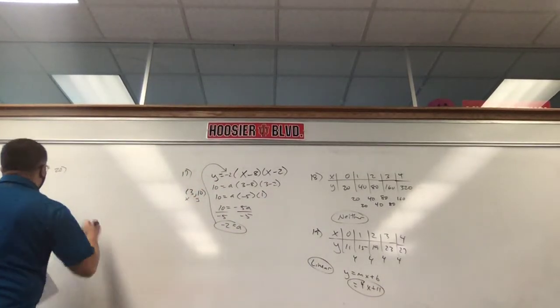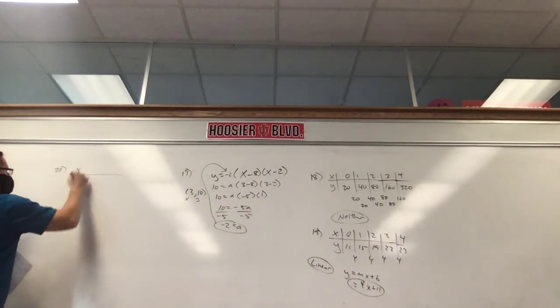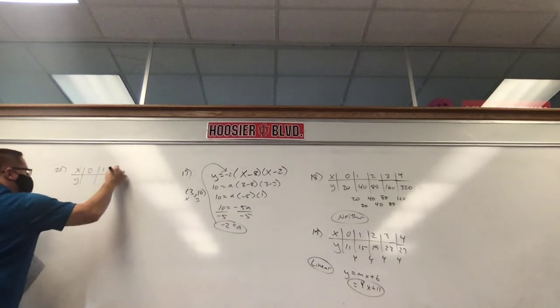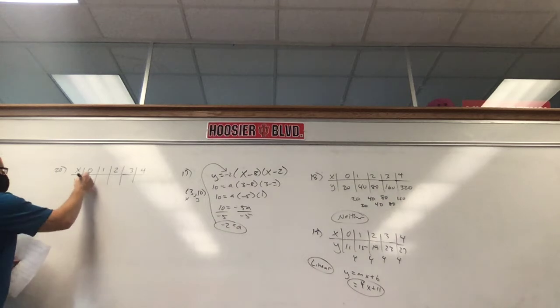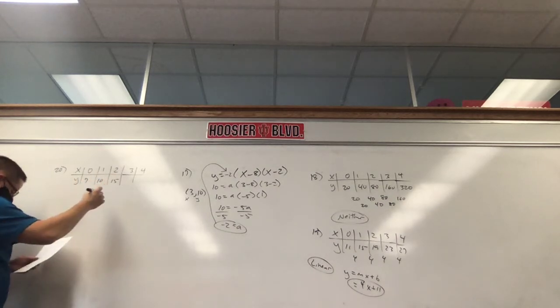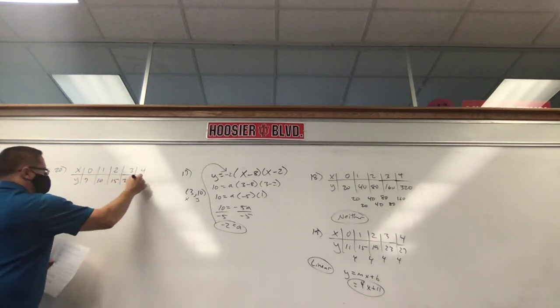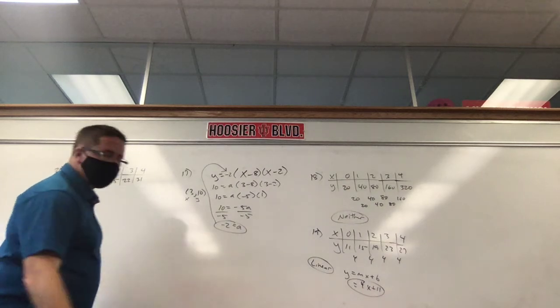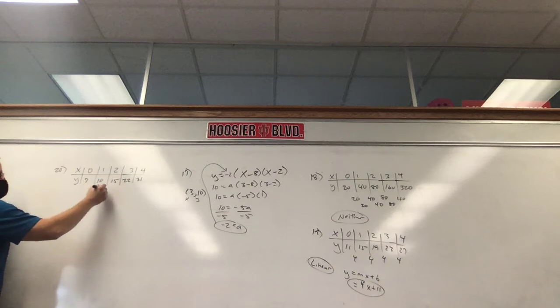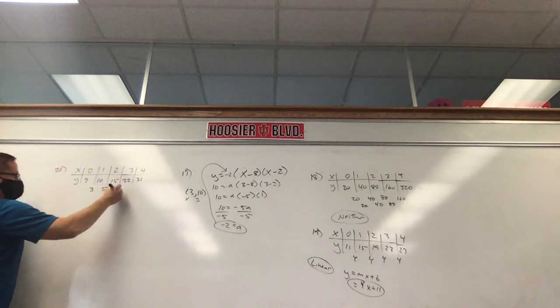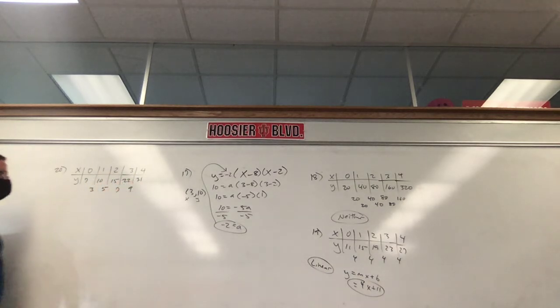Okay, 0, 1, 2, 3, 4 and 7, 10, 15, 22, 31. So again, we still subtract. 10 minus 7 is 3, 15 minus 10 is 5, 22 minus 15 is 7, 31 minus 22 is 9.